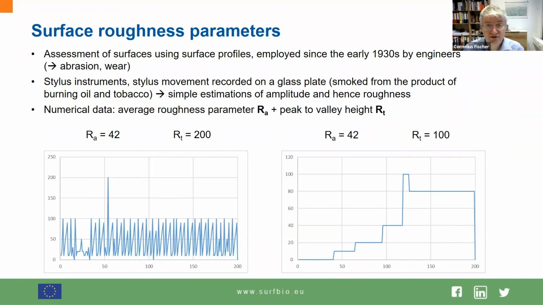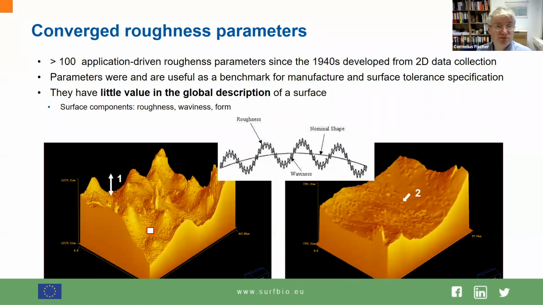So we have a roughness of 42, in this case microns. Roughness depth, RT, is just half of what we have seen here. So if we now go ahead and compare things and say, oh, there are identical average roughnesses available, these surfaces behave identically. This might be a good interpretation, but might also be difficult.